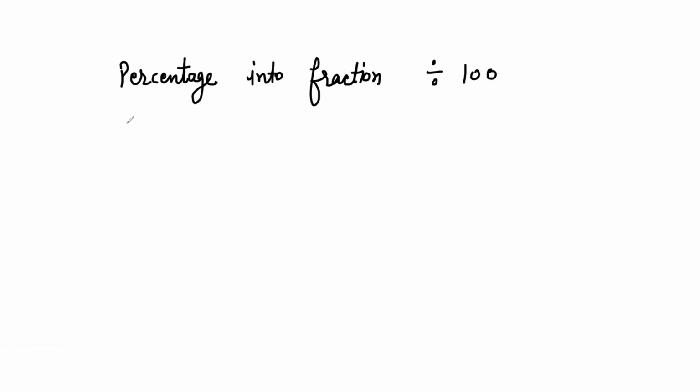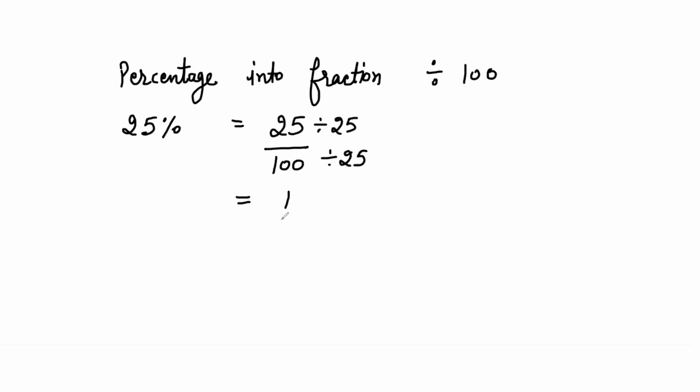For example, if I say 25%, I will remove this percent sign and divide this number with 100. So I'll get 25 over 100, then we can simplify it because it says in fractions, so we have to keep it in the fraction. I'll divide it with 25. I'll get 1 by 4. So 25% can be written as 1 by 4 in terms of a fraction.